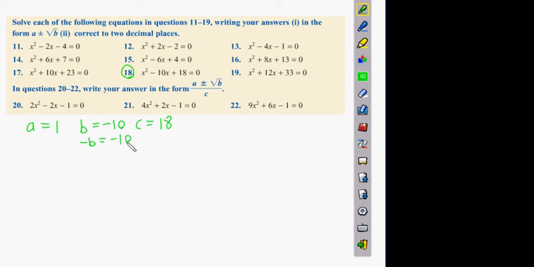Now when I write out the minus b formula, once again, write it out and get some marks on the board. All over 2a. Oh sorry, it's plus 10.